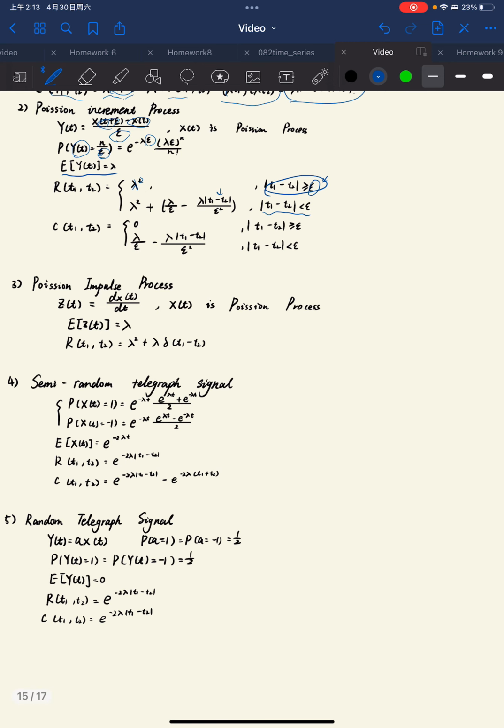Also, for the autocovariance, if the difference is larger than or equal to epsilon, it equals 0. And if the difference is less than epsilon, the autocovariance is equal to lambda divided by epsilon minus lambda times the absolute value of tau divided by epsilon square.